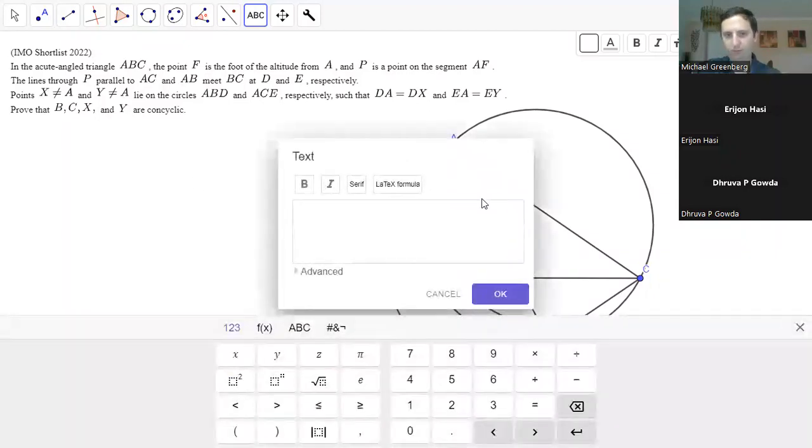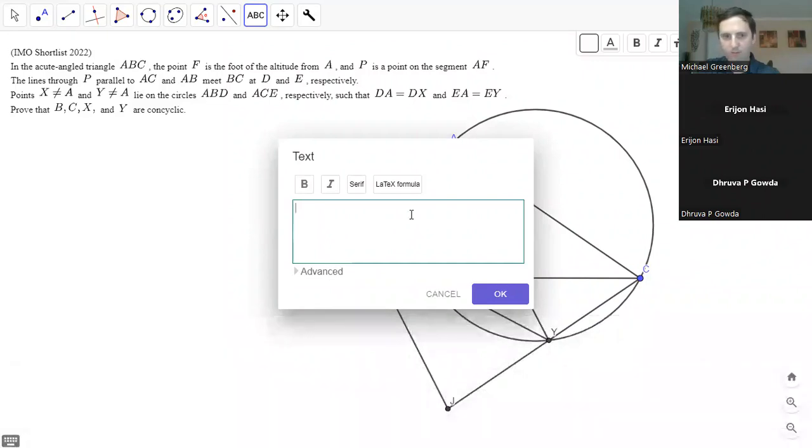Okay, so here's what we have. So we have EF times FD is equal to BF times FC times FP over AF.